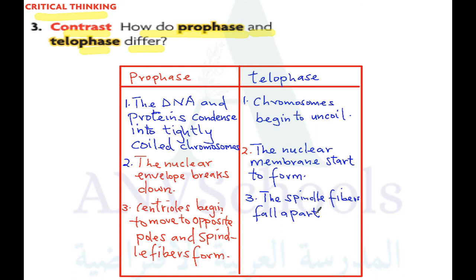So if you are making a comparison of the two, you can see how they look like opposites of one another. In one, the DNA is condensing, in the other, it is uncoiling. In one, the nuclear envelope breaks down, and in the other, it starts to form.